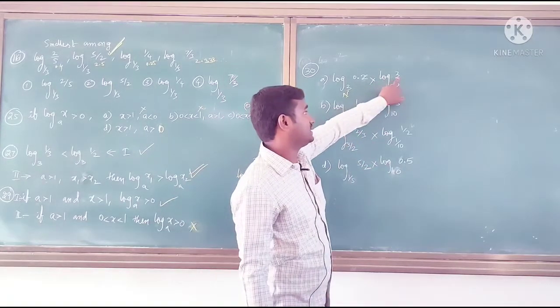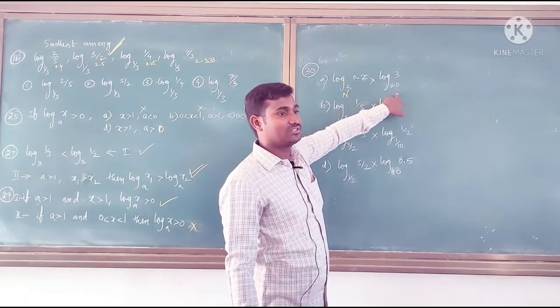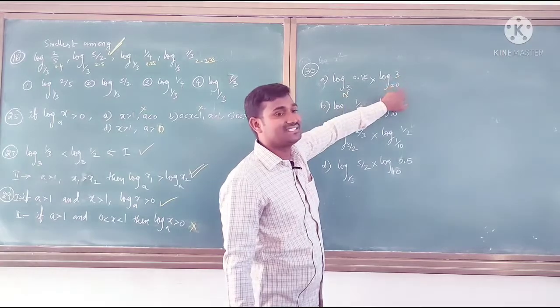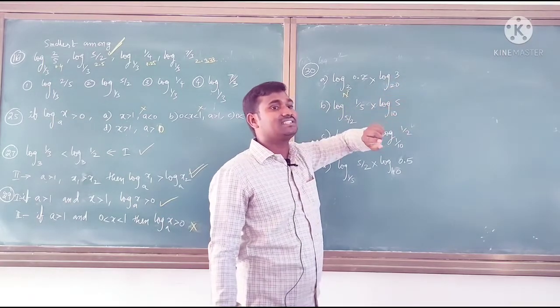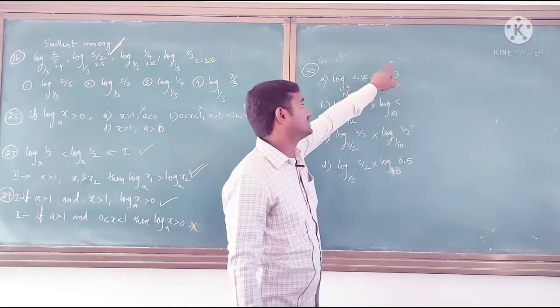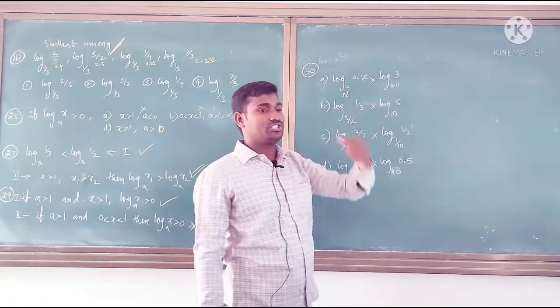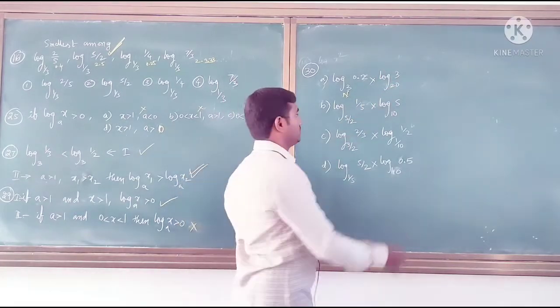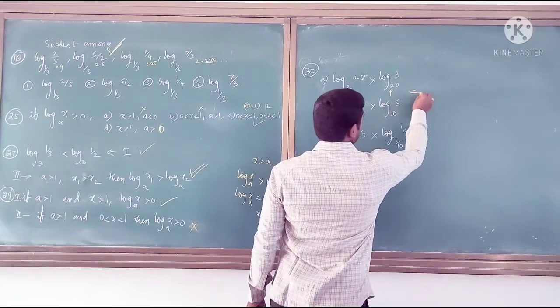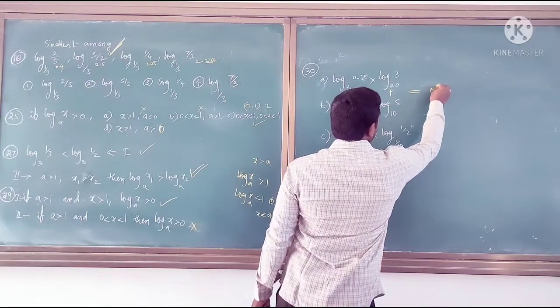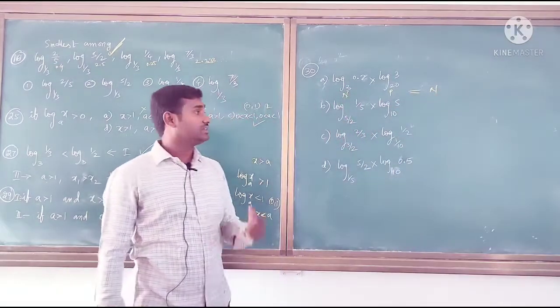And log 3 is greater than 1, so both are greater than 1. x less than A means it is less than 1, lying between 0 and 1, which means it is positive. So negative into positive is negative.